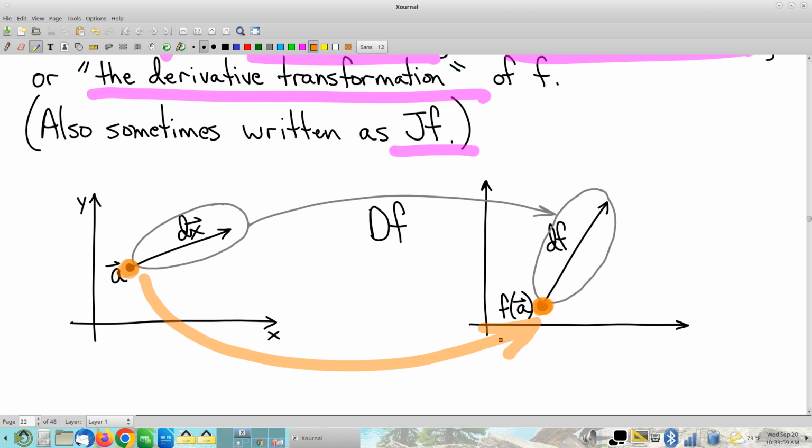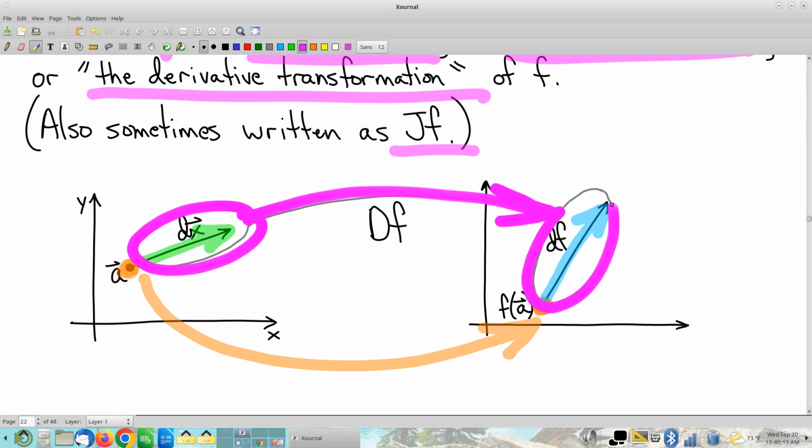The derivative matrix is the thing that takes not inputs, but input changes and turns them into output changes. So the derivative transformation doesn't take points to points. It takes, you might say, vectors to vectors, changes to changes. Does that make sense? Are you happy with that?